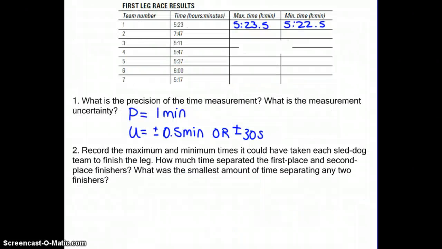All right, once you've got those all recorded, you can have a look at how much time separated the first and second place finishers. So first place is the 5:11, second place is the 5:17.